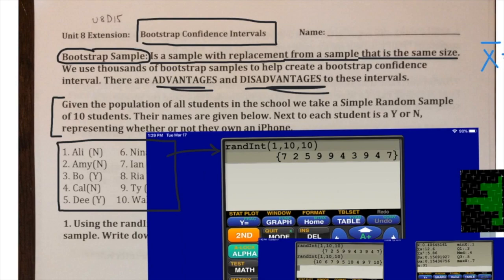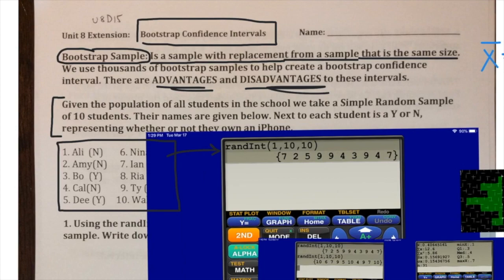I chose math on my calculator, went to the PRB menu for probability, and found the random integer command. When you type it in with 3 numbers after it, like I did here, it's finding a random integer from 1 to 10, and it's finding 10 of those numbers. These student numbers make up my bootstrap sample.